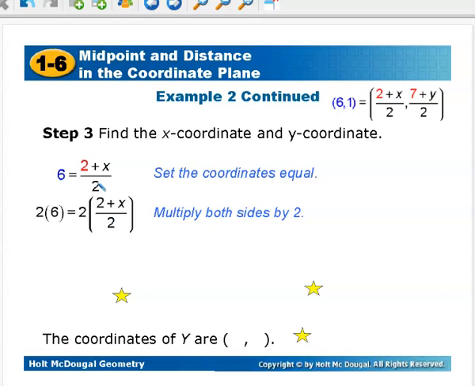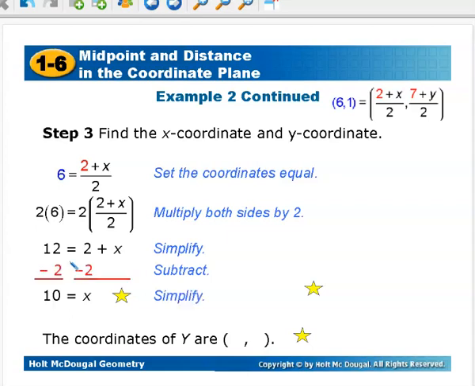Multiply both sides by 2, simplify, and we end up with a one-step equation that we can solve for x by subtracting the 2. And we find out that the endpoint is 10. Our other endpoint, the x coordinate of Y, is going to be 10.